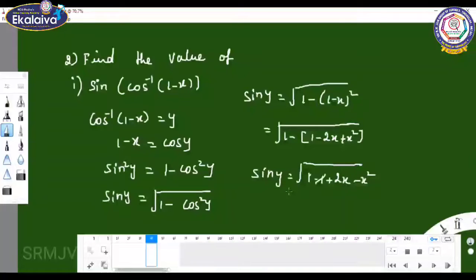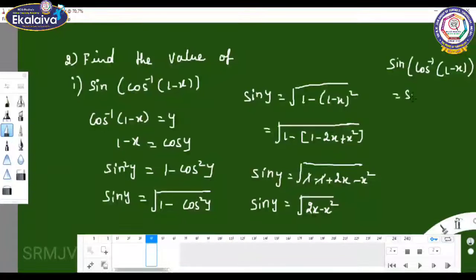The 1 minus 1 get cancelled. So sine y equal to root of 2x minus x square.